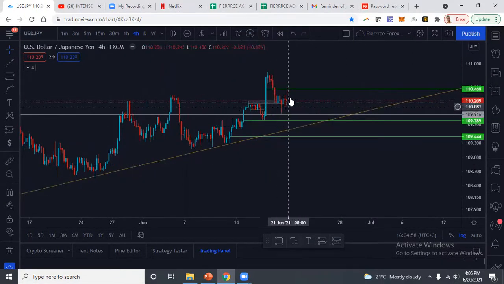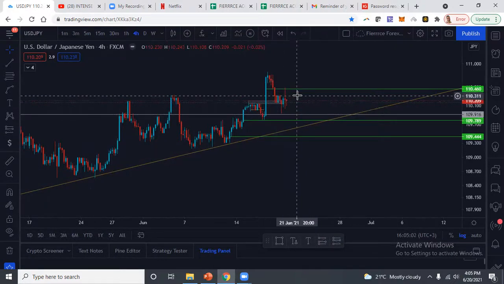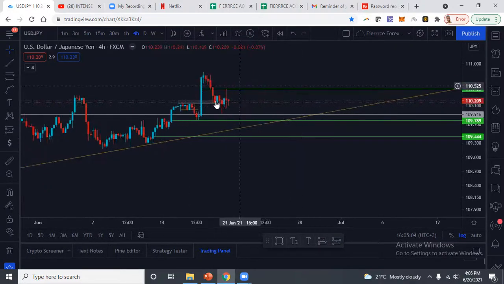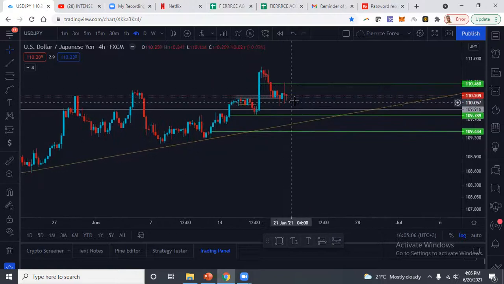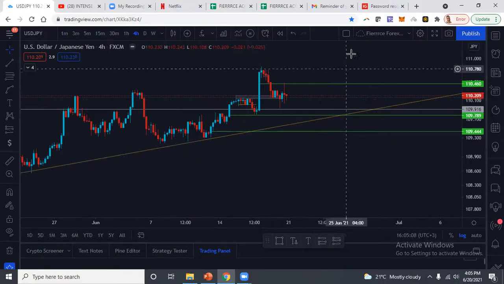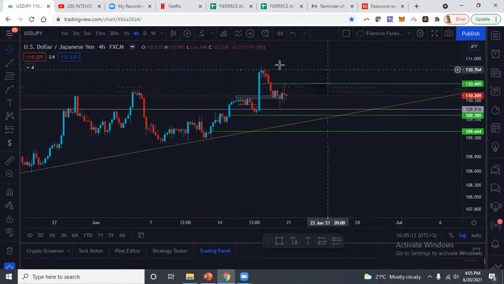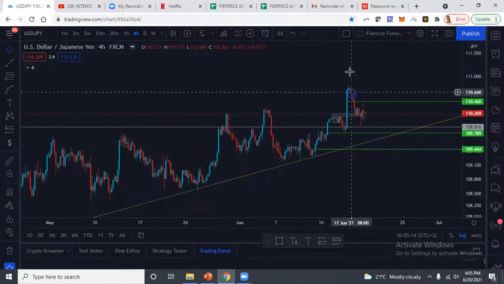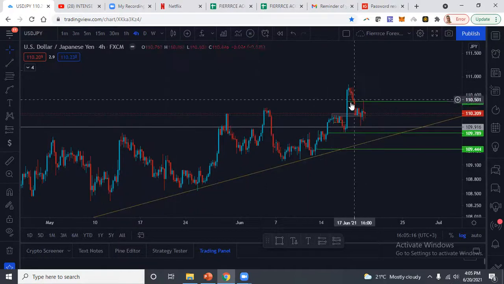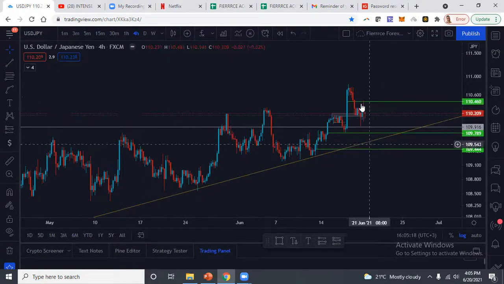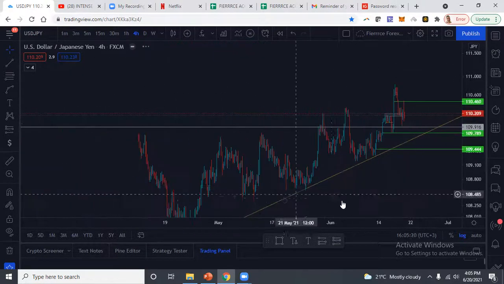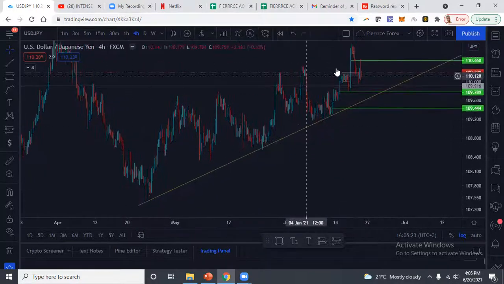So yeah, we can see the rejection here. Volume is reducing and everything. We may push lower, and then this could actually be a fake out. We're probably not ready to buy as such, so you may see some push down, but generally the trend is still pushing up.